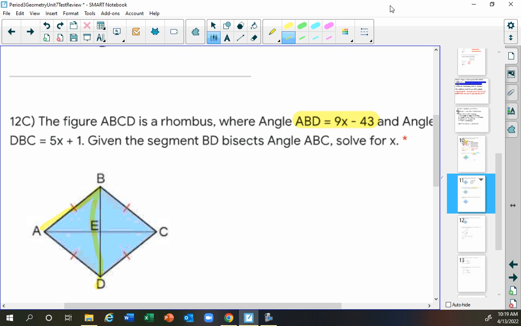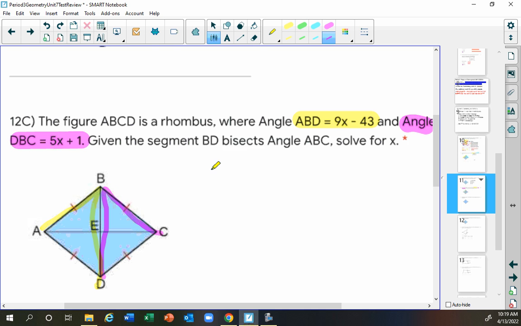Now they're saying DBC. This angle right here, D, B, C. So they're saying this segment bisects this angle.